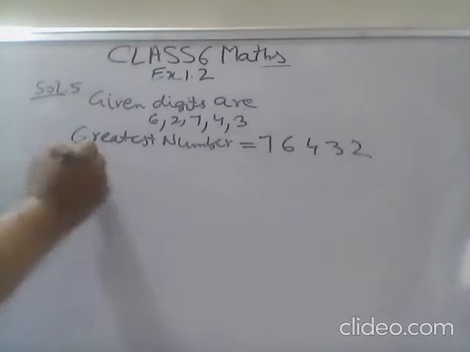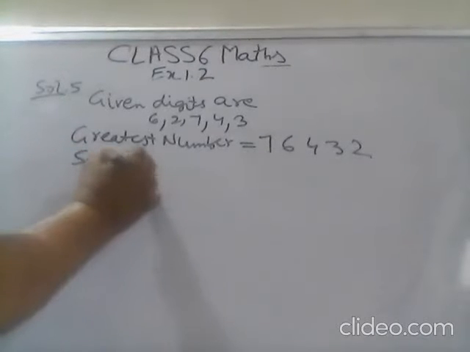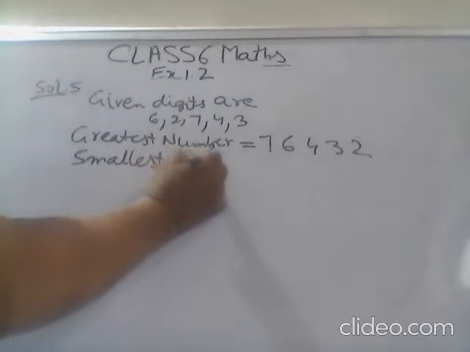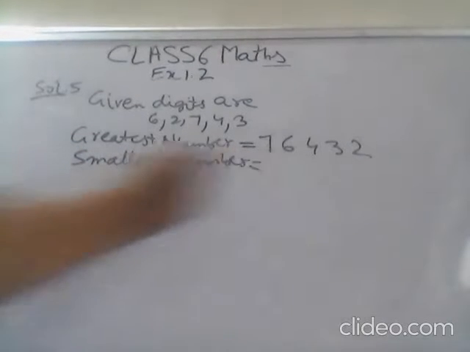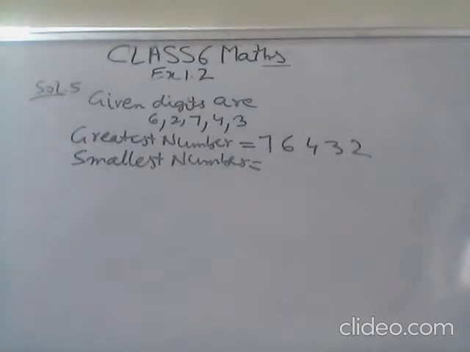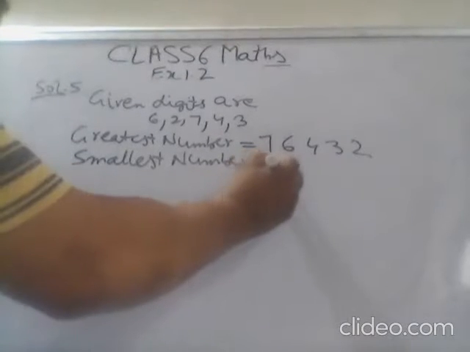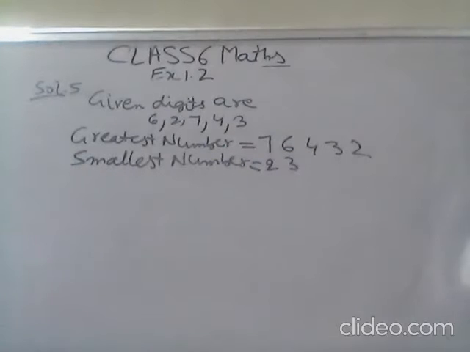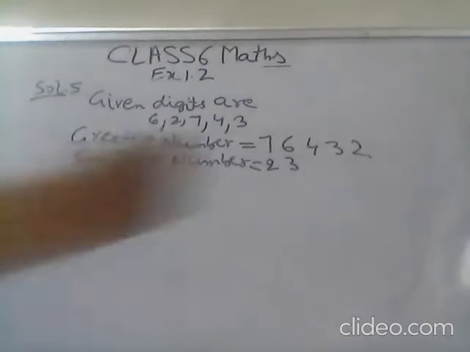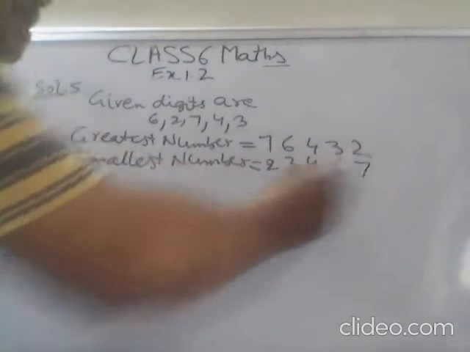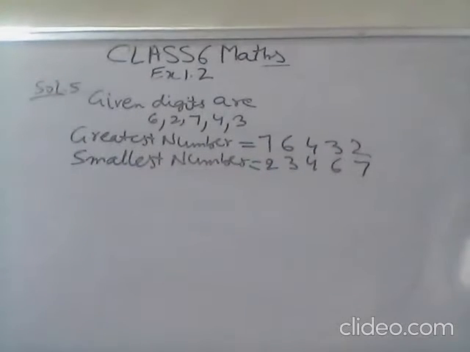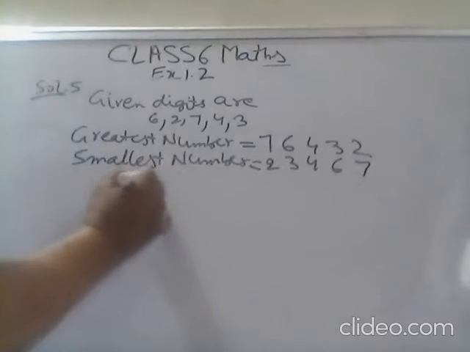Now, smallest number: we write the smallest digit 2, 3, 4, 6, 7.